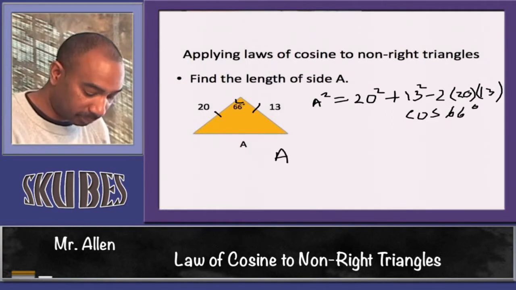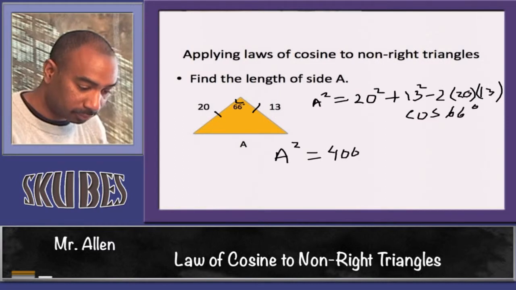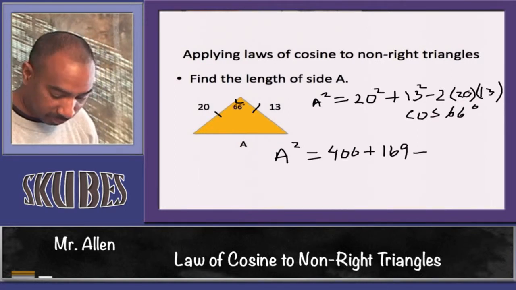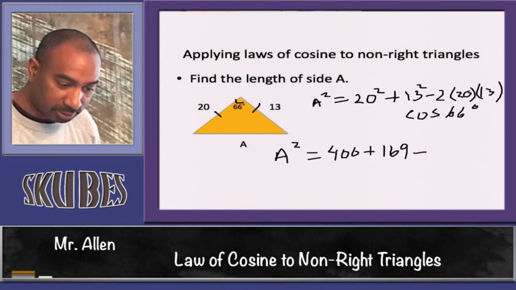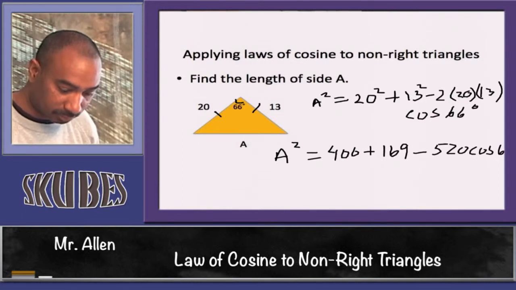So you're going to have A squared. 20 times 20 is 400. 13 squared is 169. And you multiply those, 20 times 13 times 2, you're going to get 520. And then you have to take the cosine of 66 degrees.